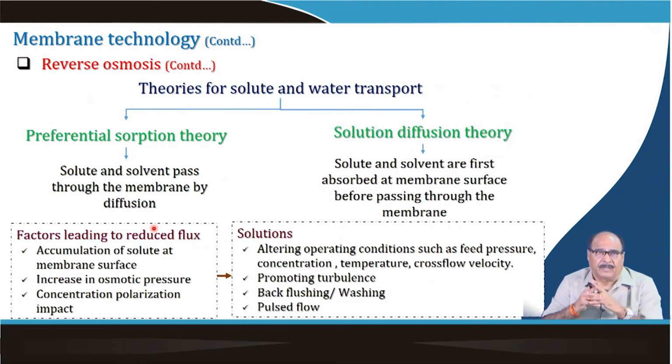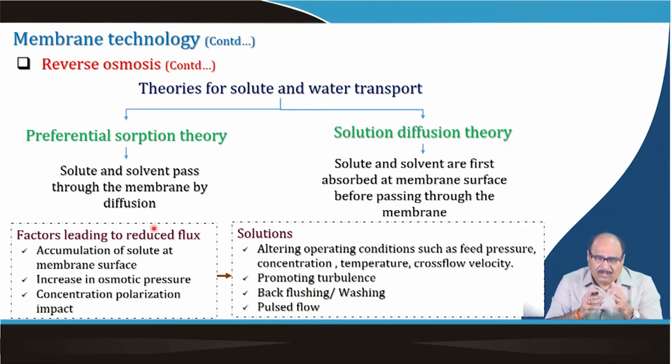In reverse osmosis, the recommended theories of solute and solvent transfer are the preferential sorption theory, where solute and solvent pass through the membrane by diffusion, or the solution diffusion theory, where solute and solvent are first absorbed on the membrane surface before passing through the membrane.